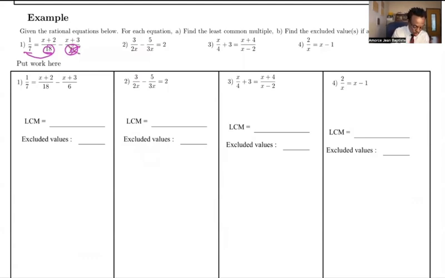So the LCD is 7 times 18 equals 126. Next, we need to check whether we have excluded values. We do not have any excluded values because the least common denominator does not have any variable. So 126 will always be 126.